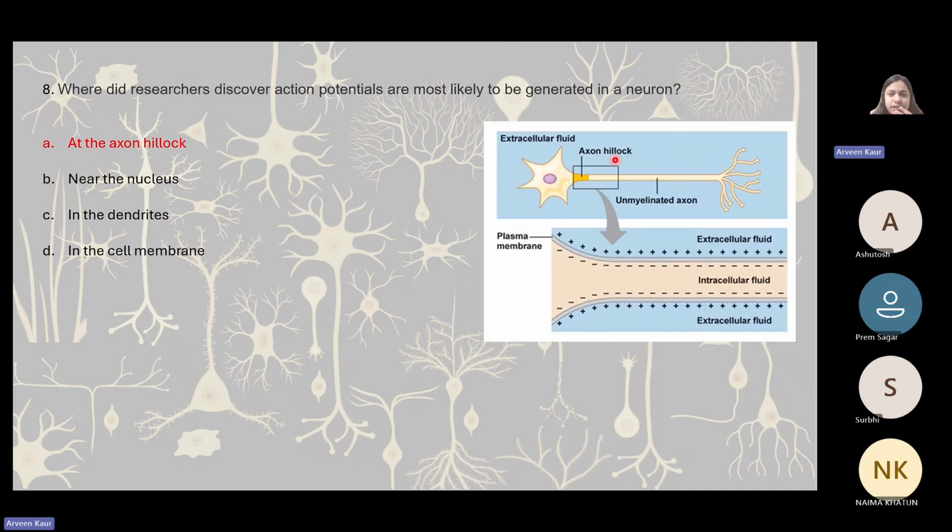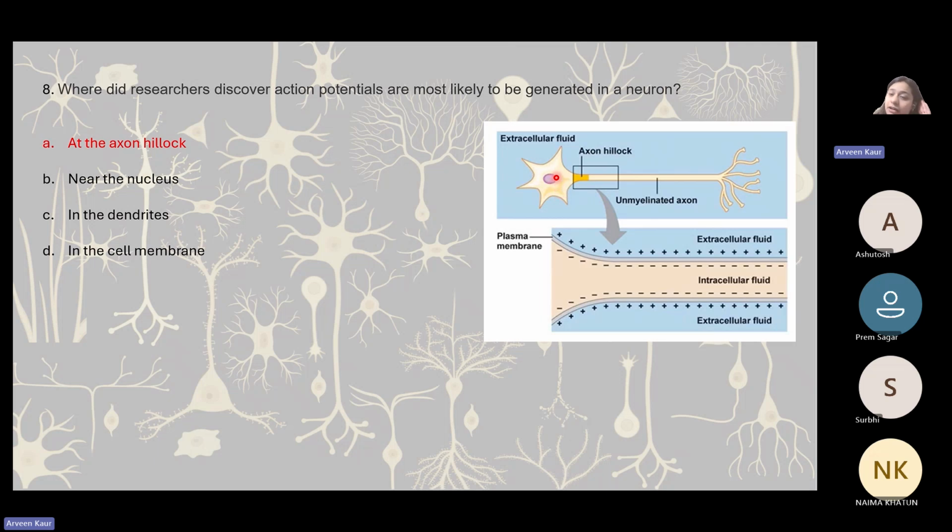Again, this is the representation that I have picked up from the previous discussion that we had last time, right? So this is the nucleus, this is the cell body of the neuron, this is the axon, these are the axonal terminals, right? And almost the beginning part of the axon is where the axon hillock is.